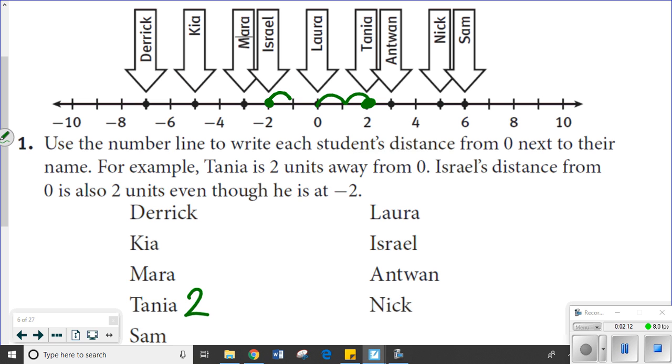If we count 1, 2, he's also 2 units away from 0. So pause the video, take the time, count how far Derek, Kia, Mara, and so on are away from 0 and write it next to their names.